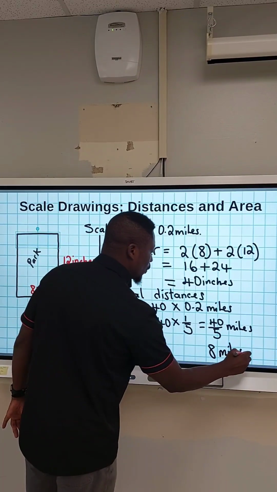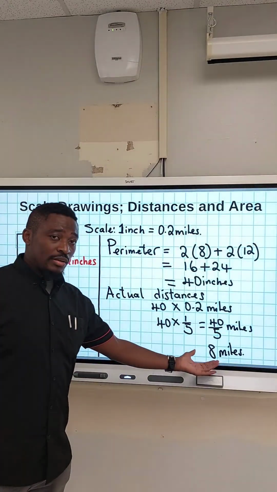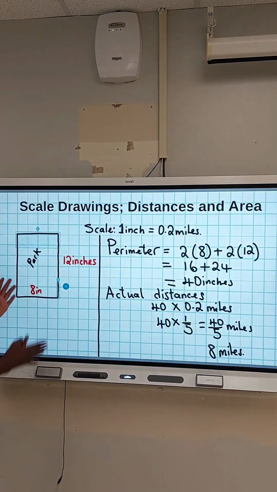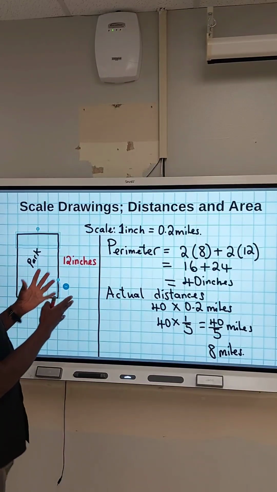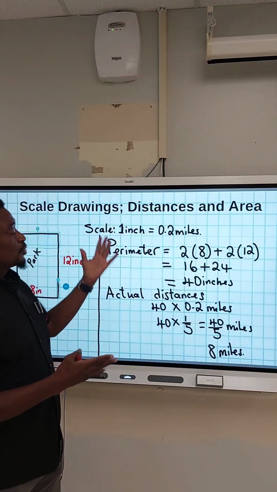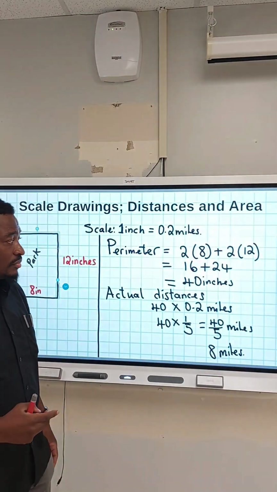So if you were to go around that park, you will walk a distance of 8 miles. So that is how we can use a scale drawing and the scale to interpret distances on the ground.